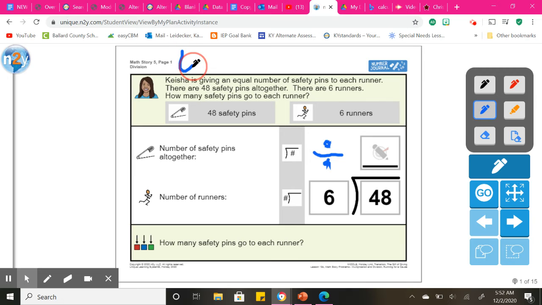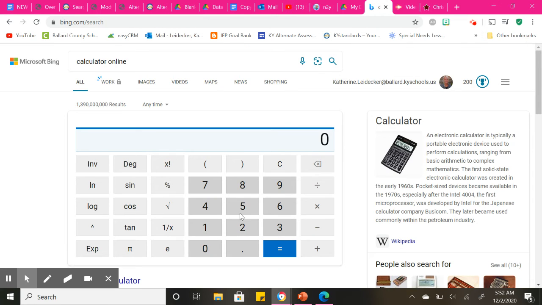So like how many times can we add 6? 6 plus 6 plus 6 plus 6. So really I'm just adding these together until I get to 48, which is just like multiplication. So let's do 6. Here's the divided sign.